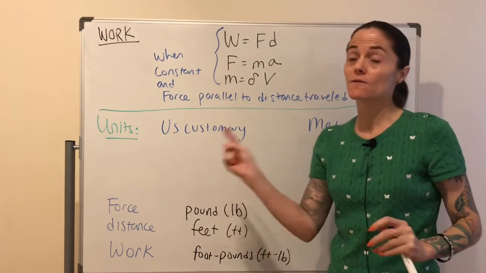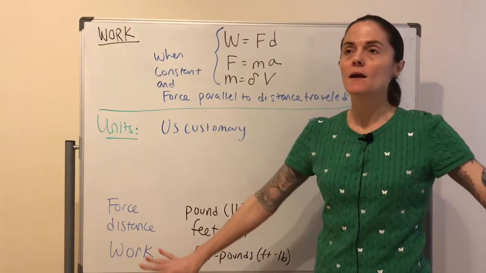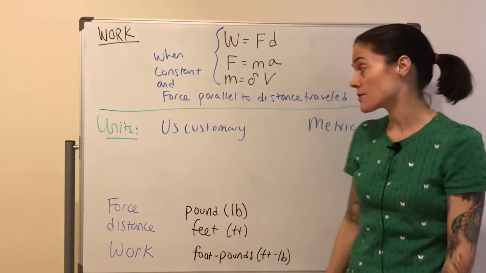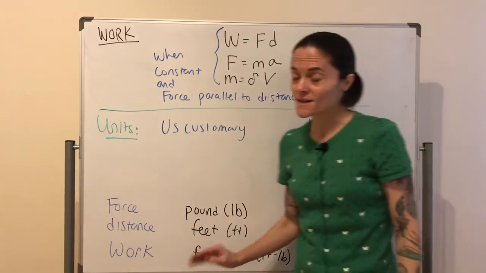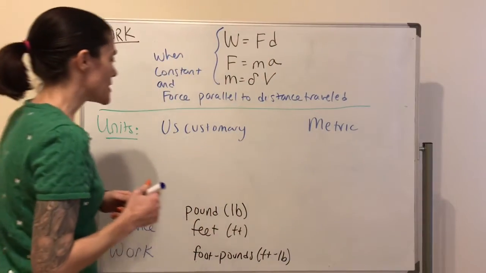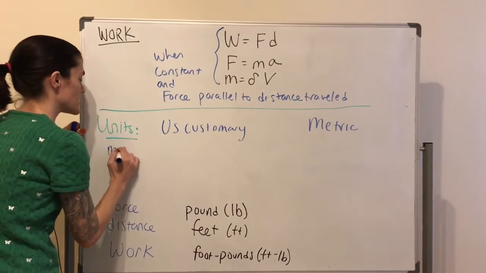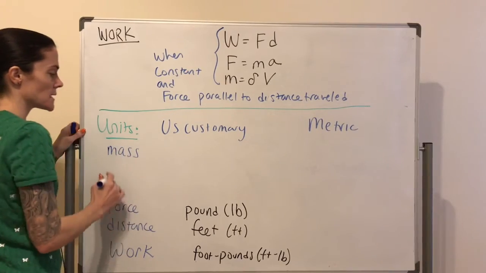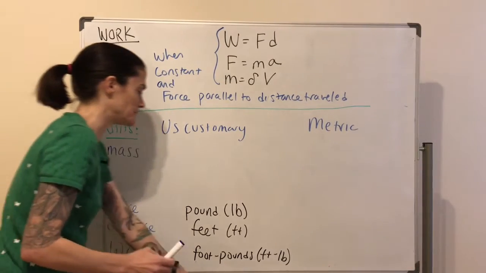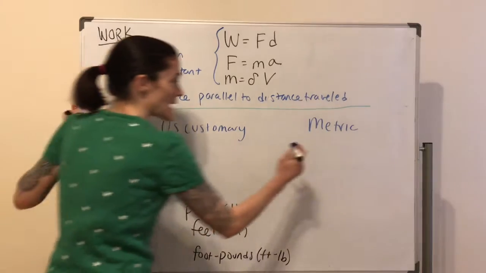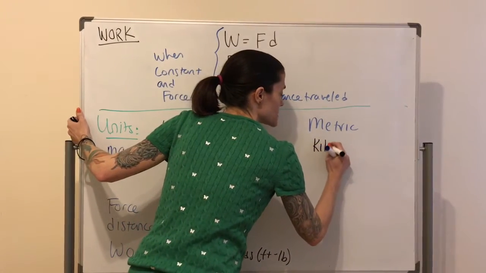When you see the conversions between the two, it's really because of the gravity on Earth. Kilograms is not a force, but in the metric system, it is up here. This is a mass, as we saw with our mass and density. So in the metric system, the mass here is kilograms.